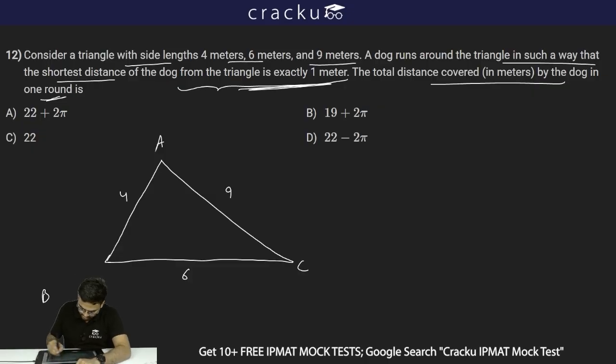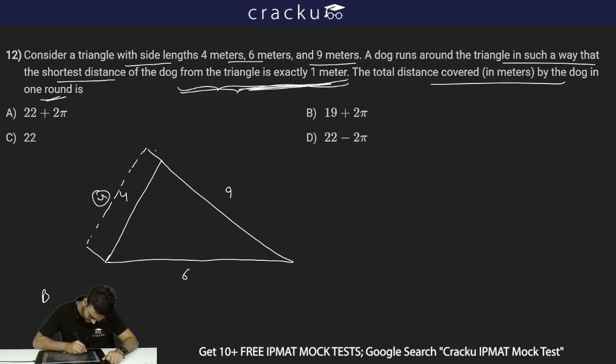Now the distance between the dog and the triangle is exactly 1 meter in all the cases. So if this is 1 meter, first of all this will be 4 only. Similarly, this is perpendicular to the triangle because there is a 1 meter perpendicular distance between the dog and the triangle. So this is also perpendicular and this is also perpendicular.